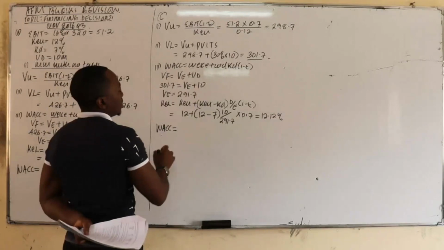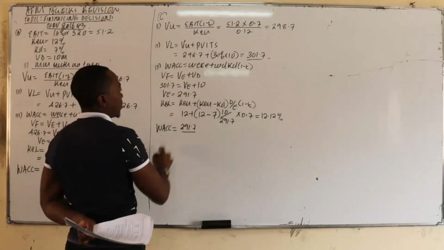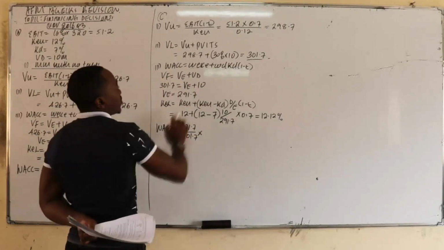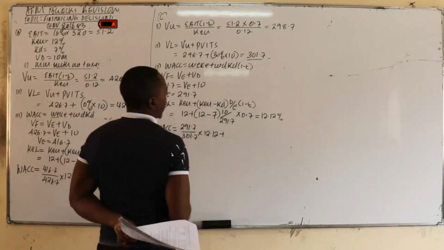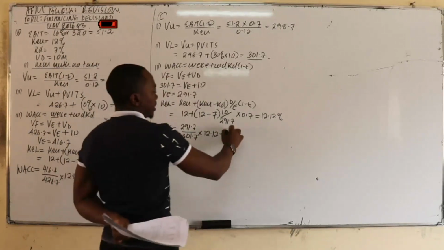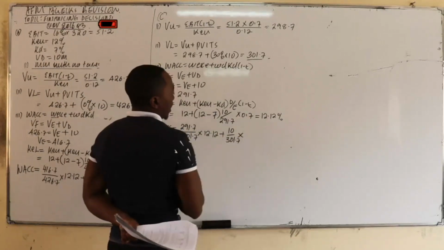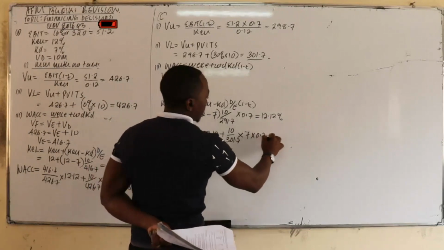Weight of equity, the value of the equity we have is 291.7 divided by the value of the firm, which is 301.7. You multiply by the cost of equity, and the cost of equity is 12.12. Weight of the debt, 10 over 301.7. The cost of the debt is 7%. 1 minus T is 0.7.